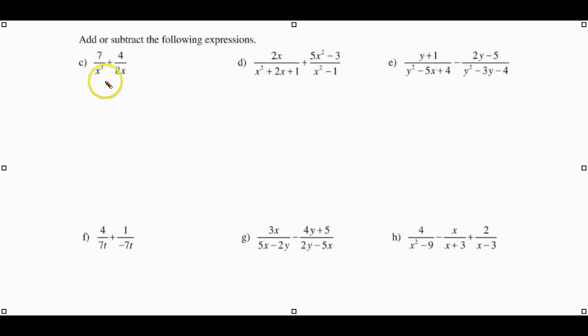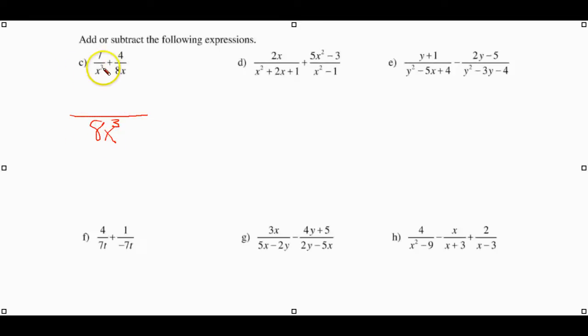So I would suggest you write this over on the other side. And since we're going to add these fractions, we need a common denominator. Well, we already figured out this one from the previous example. The lowest common denominator here is going to be 8x to the third.